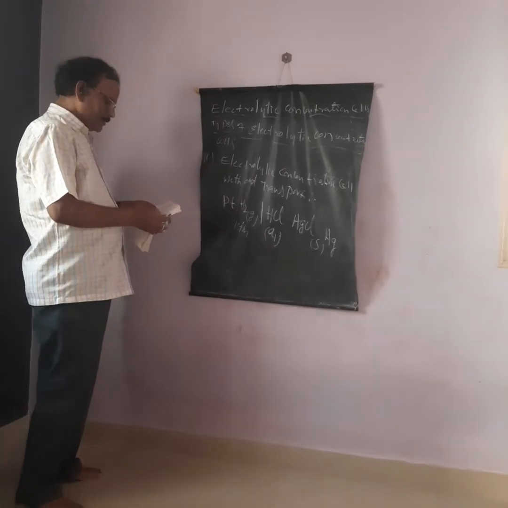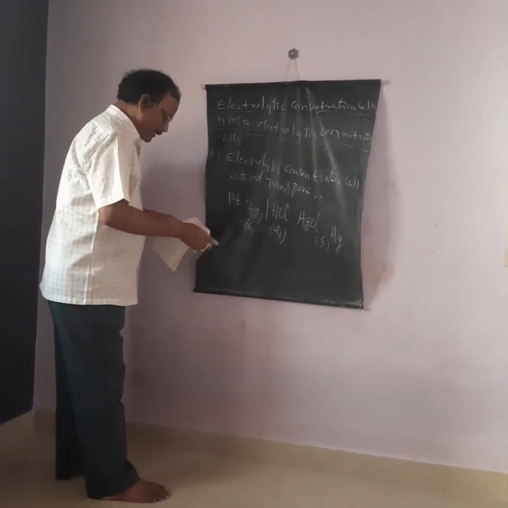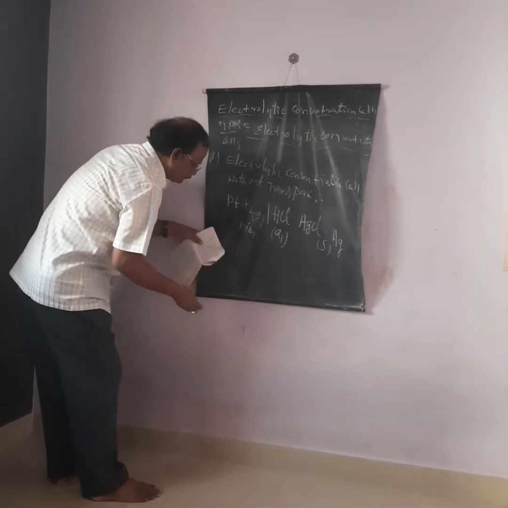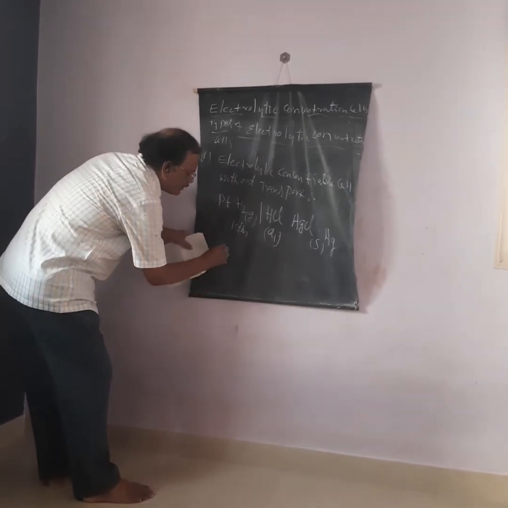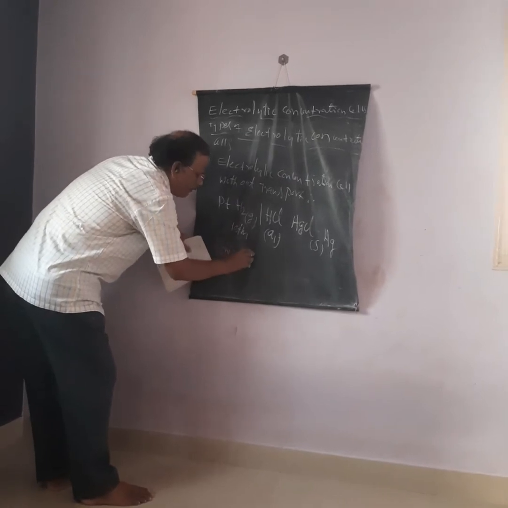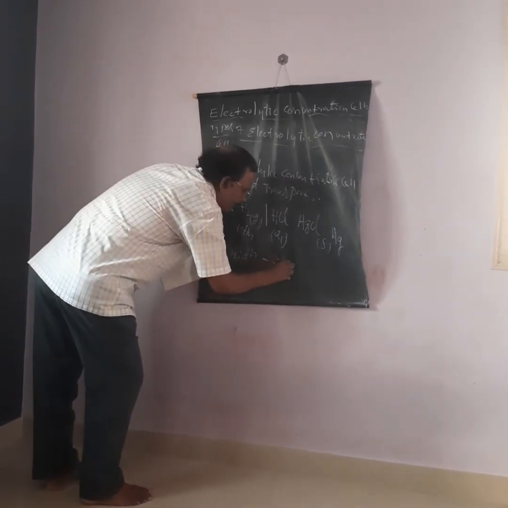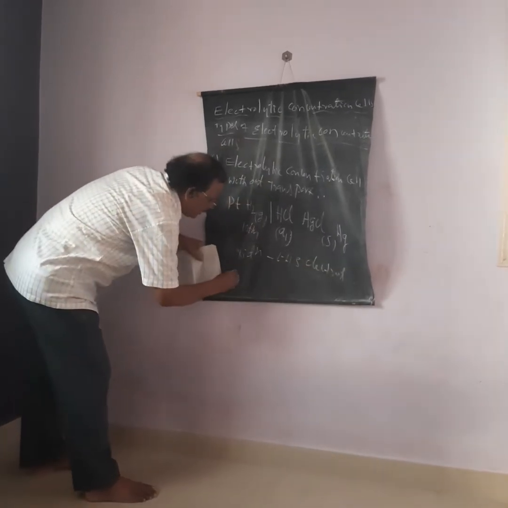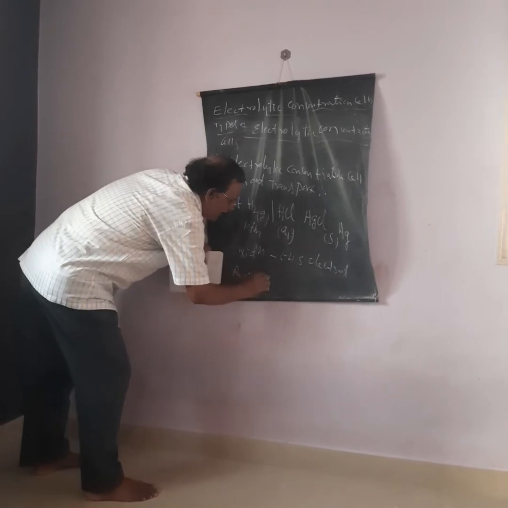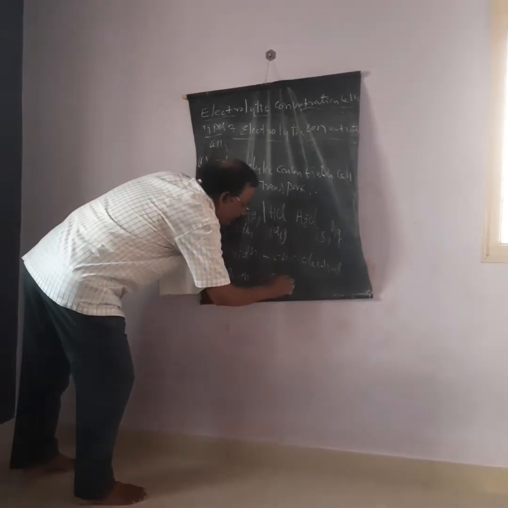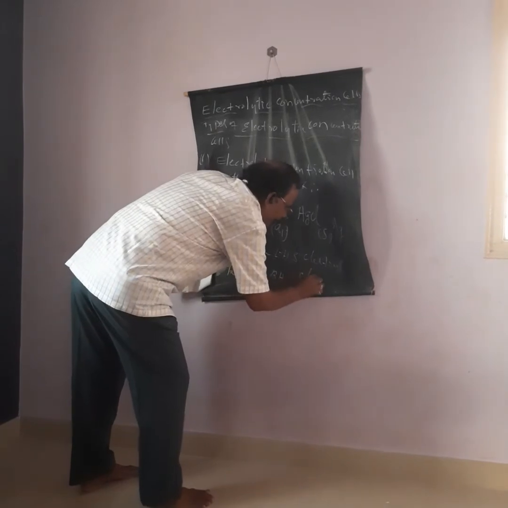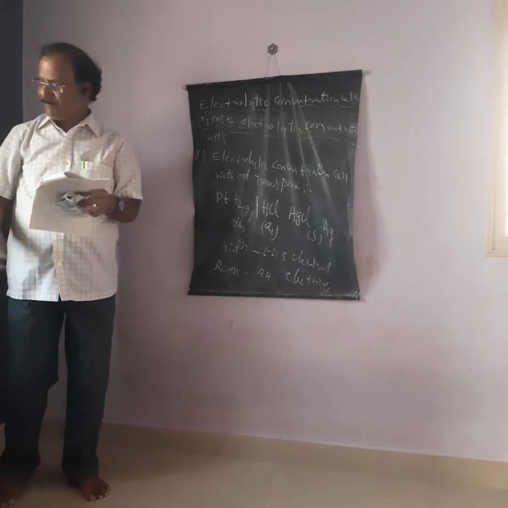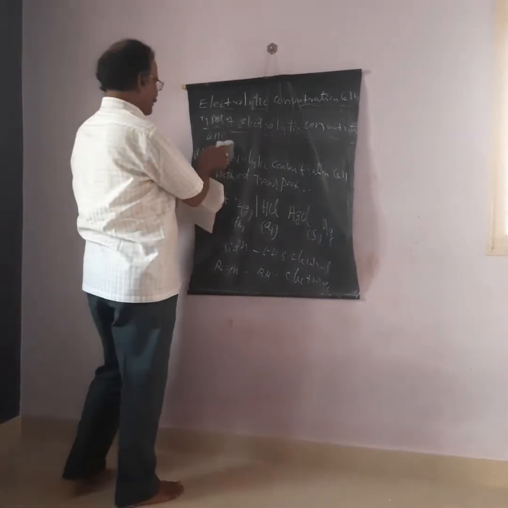Oxidation takes place at the LHS electrode, and reduction takes place at the RHS electrode. So I can write the equations for how they are taking place.